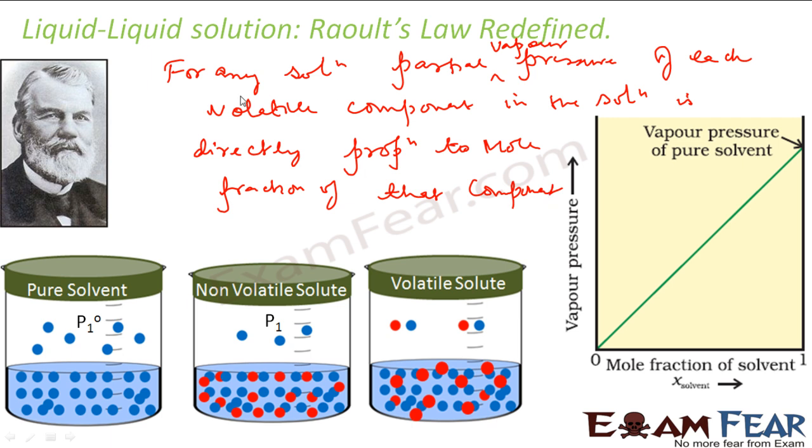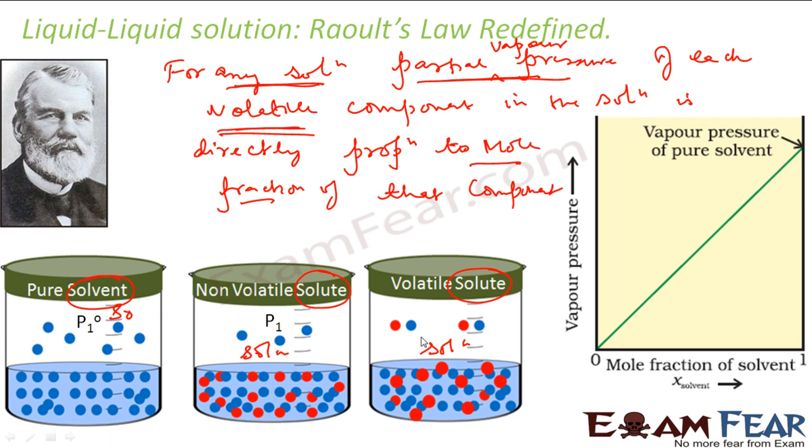Please understand this. We're talking about a solution. We're talking about the partial vapor pressure of each volatile component, and that is directly proportional to the mole fraction of that component. Example, this is my solvent, let's assume, and this is my non-volatile solute, and this is my volatile solute. This is a solution with non-volatile solute, and this is a solution with volatile solute.